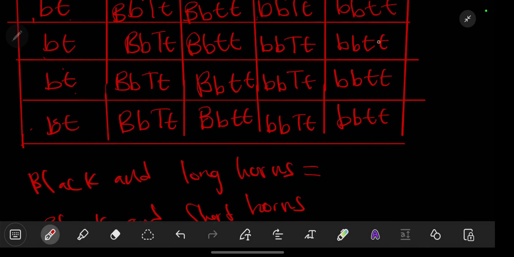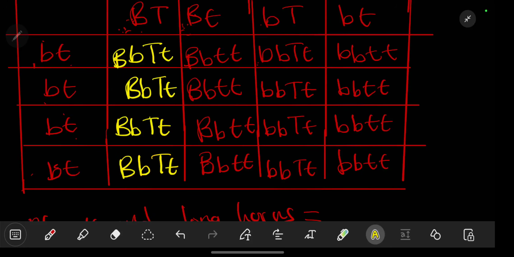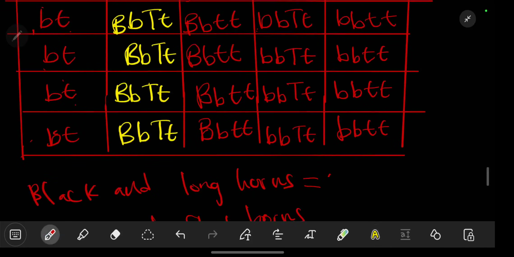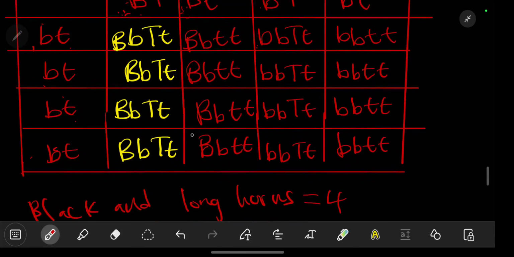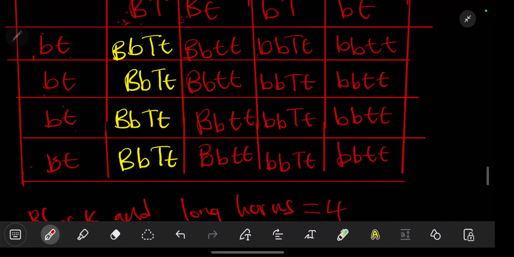We are going to look at a place where we can see at least one big letter B and at least one big letter T. So we have number 1, number 2, number 3, number 4, like that. So we can put 4 because there's no other place where you can see at least one big letter B and at least one big letter T at the same time.